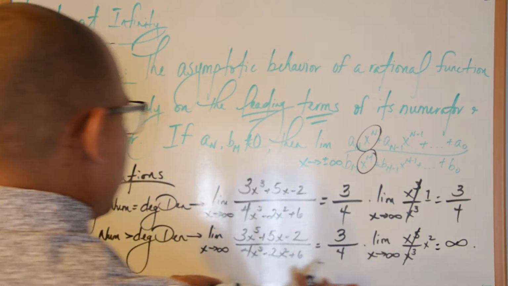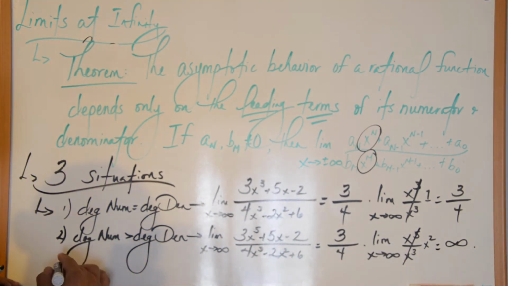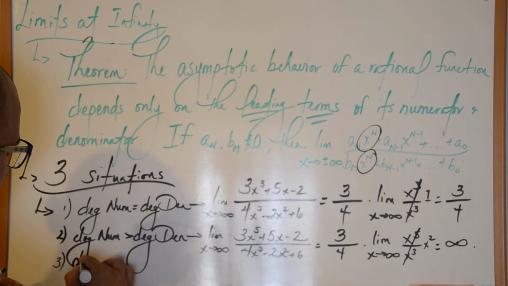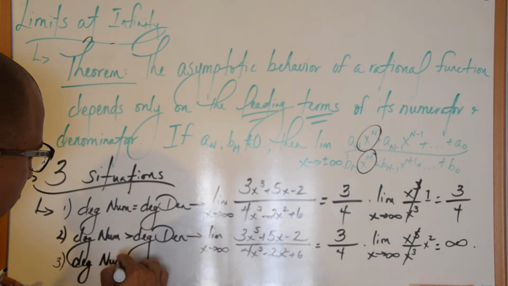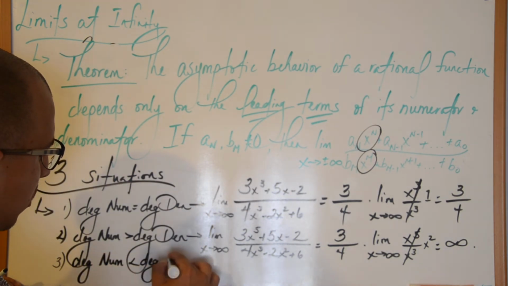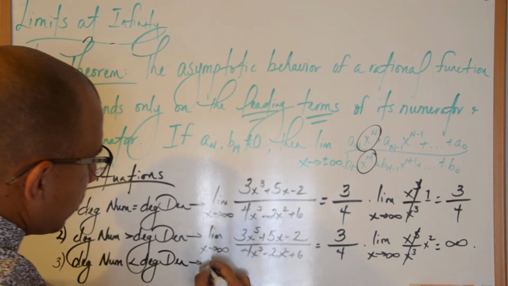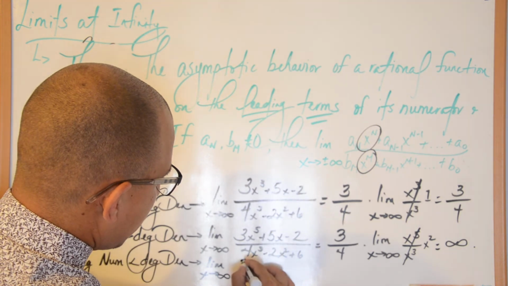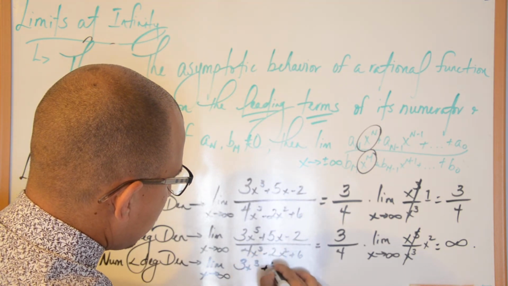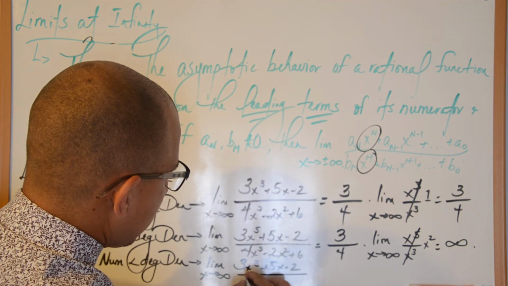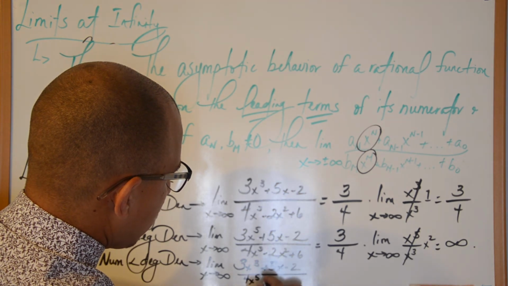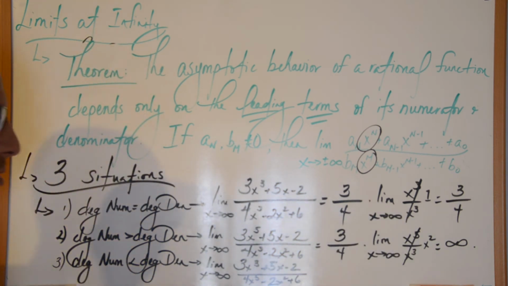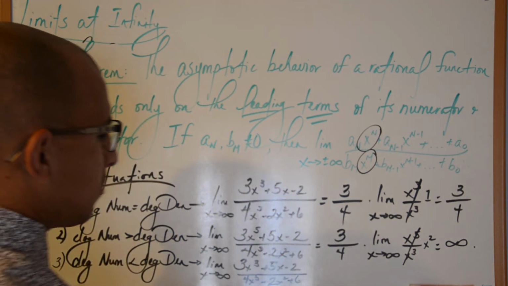And similar to the rule that we were applying in our initial example, we have the degree of the numerator is less than the degree of the denominator. So I'm going to use the same equation again, except here I'm changing that first term in the denominator to 4x to the 5th.